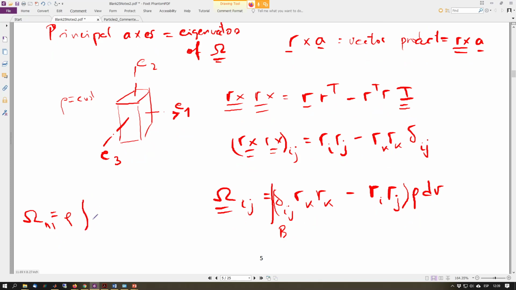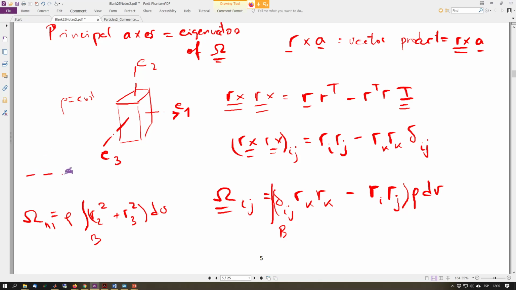So at the end of the day, we would have R2 squared plus R3 squared, times the density, which if constant gets outside, integrated on the body.